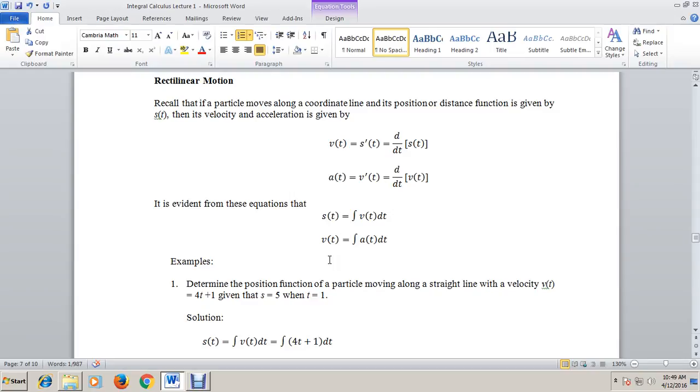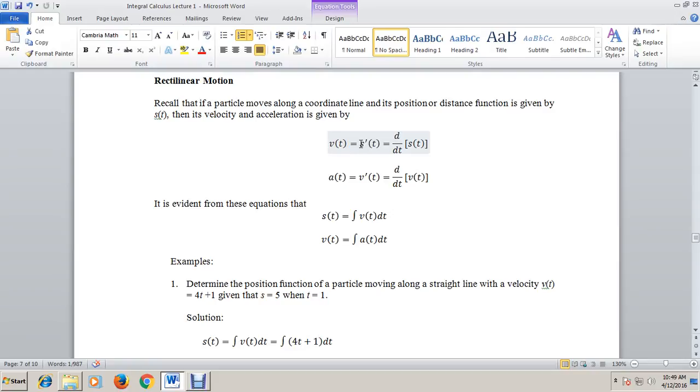Okay, so recall that if a particle moves along a coordinate line and its position or distance function is given by s of t, where s represents our distance and s of t means the distance is a function of time, for specifying linear motion, then its velocity and acceleration are given by the following differential equations. So we have v of t as your velocity as a function of time, which is equal to the first derivative of your distance as a function of time.